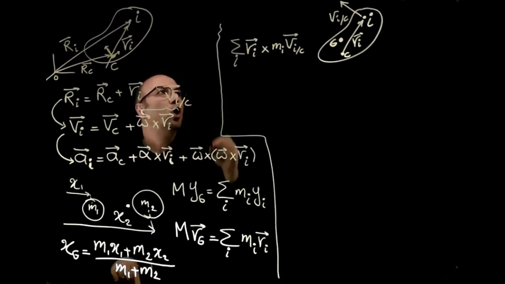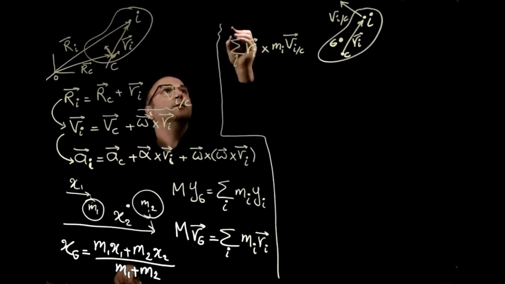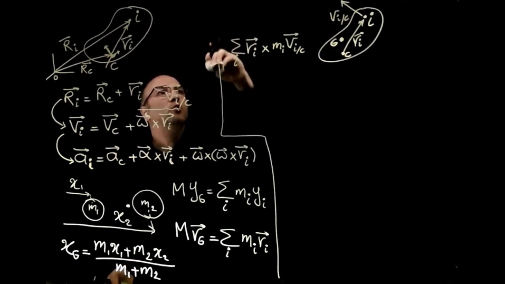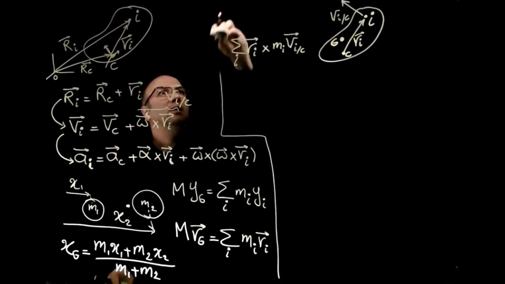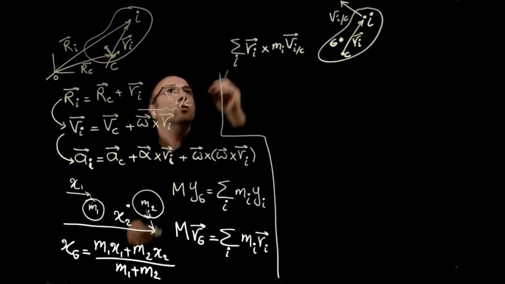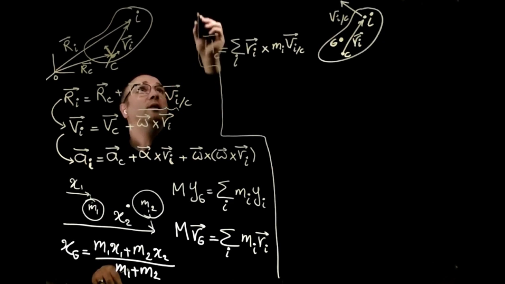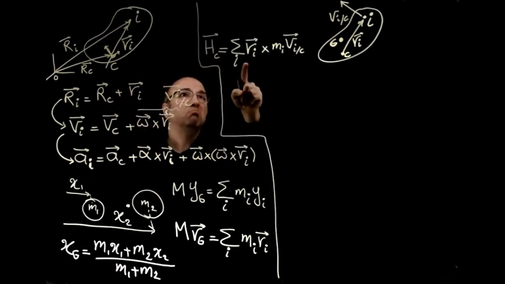This I call H. Let's erase this and make some room for H here. Let's call this H of C, and that is a vector.